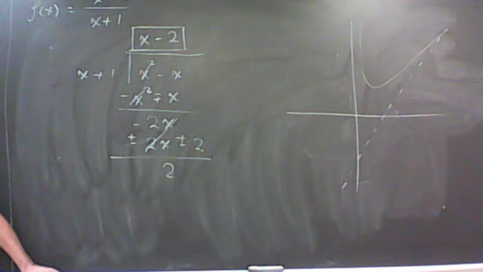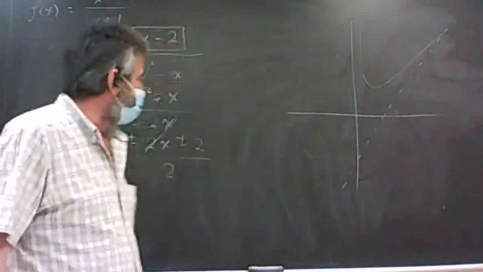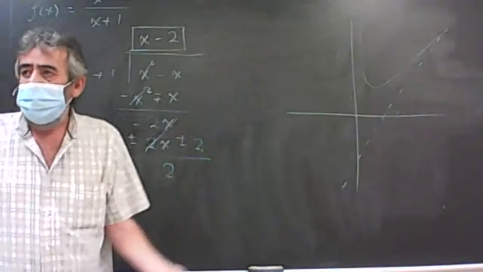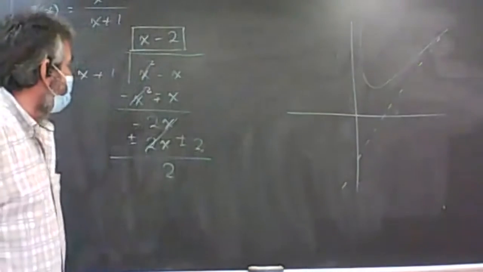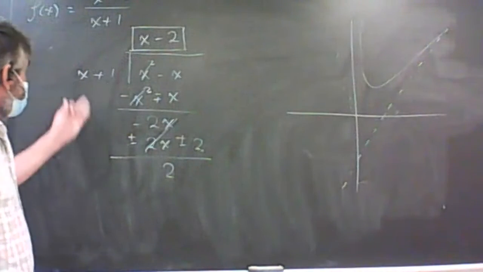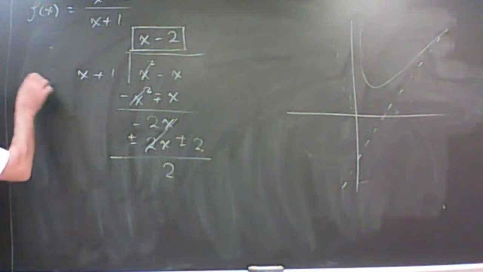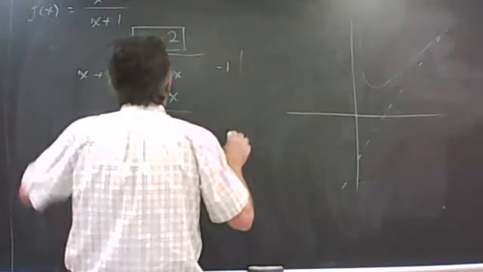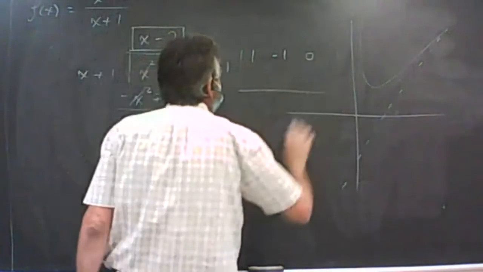Okay? We're clear on that? So you have to go and do long division, because not all the time it's going to be x plus 1 here. You might have x cubed over x squared, right? So in this case, you have to do exactly long division. If you wanted to do synthetic division on this one, because it's a linear factor, you could have, by choosing -1. Then we have 1, -1, and 0.